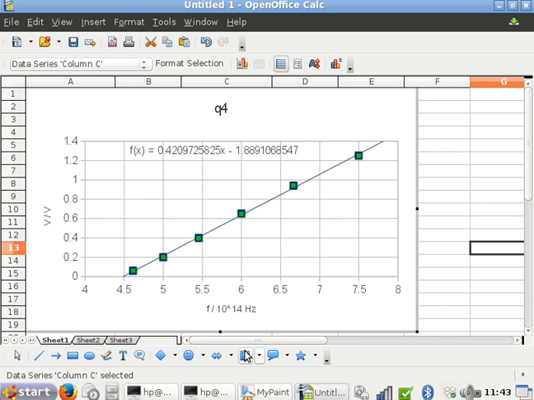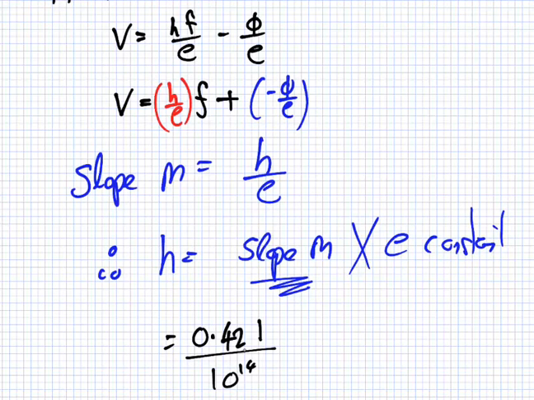So the height of the triangle is 1.4 and the base is 7.75 minus 4.5, but it's times 10 to the 14. The base is a lot bigger than it looks on the graph because of the unit. So that's why I have 10 to the 14 down below here. So the slope is 10 to the minus 15. Yeah, which is good because h should be a really small number, so it helps to make it small.